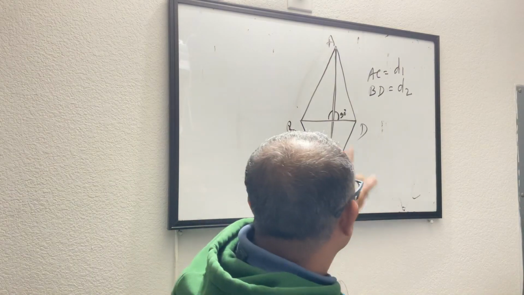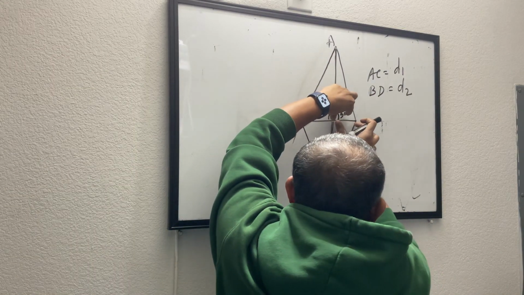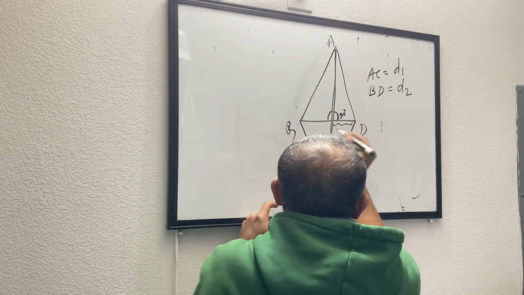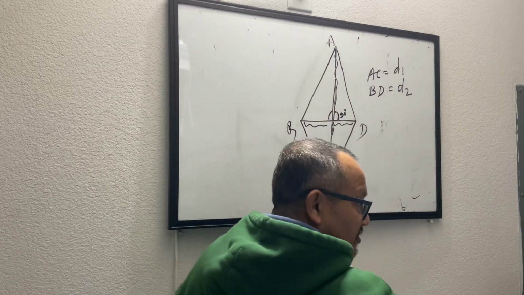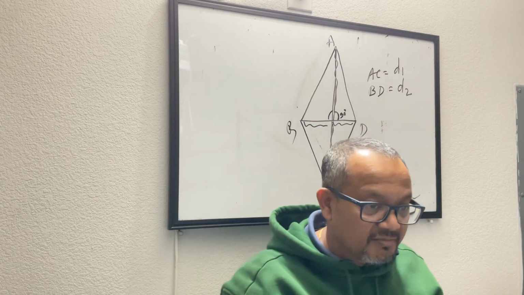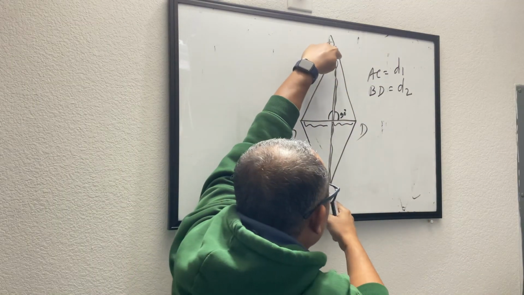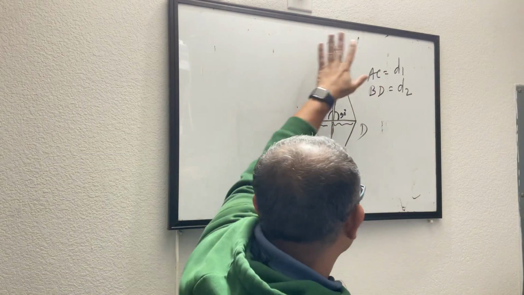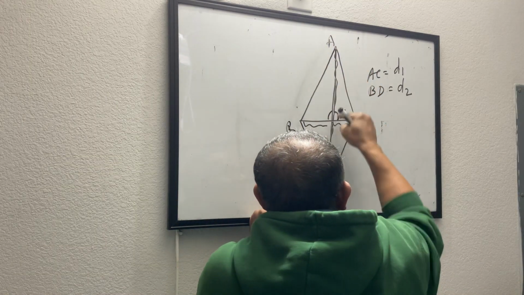Here, these diagonals meet at 90 degrees, and they also divide each other into equal parts. So from here to here, this length and this length are the same. This is the property of a rhombus: the diagonals split the whole rhombus into four equal right angle triangles.